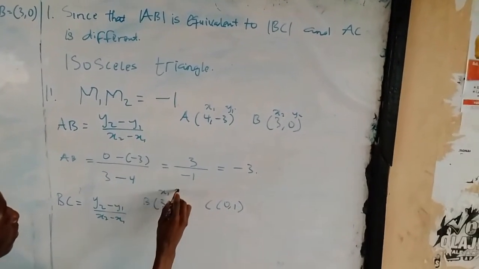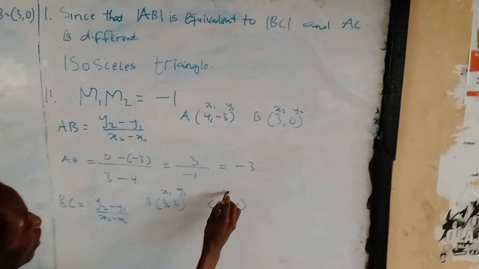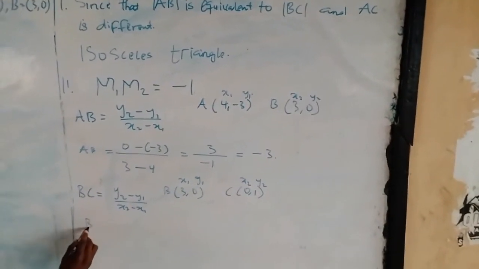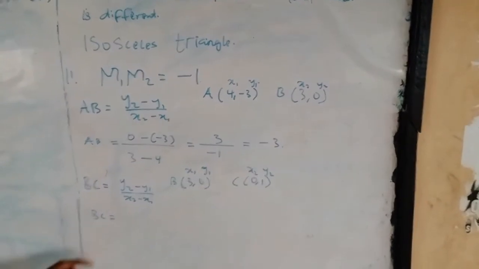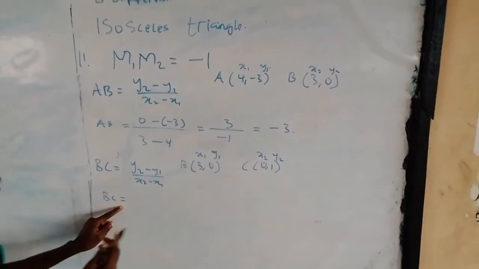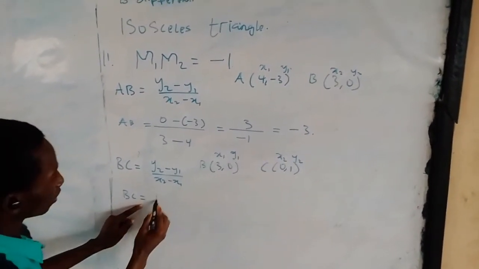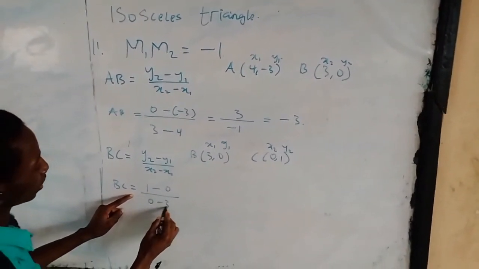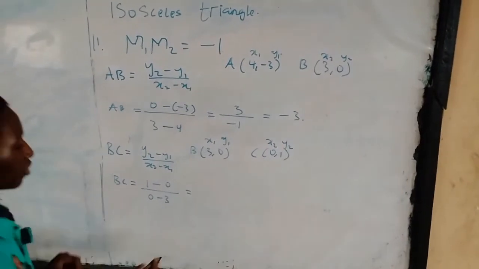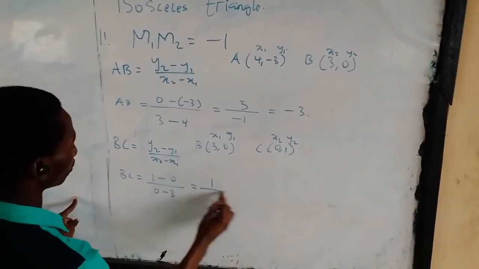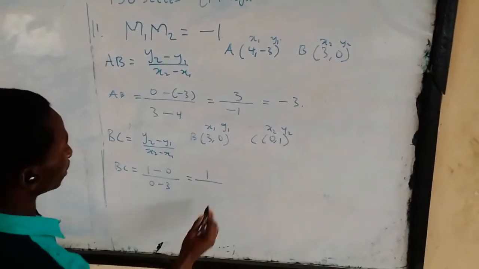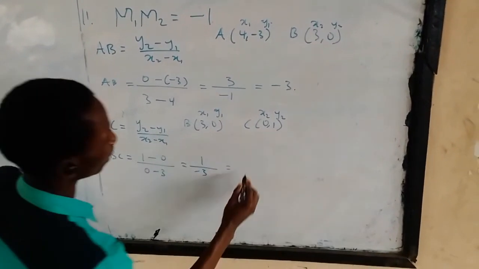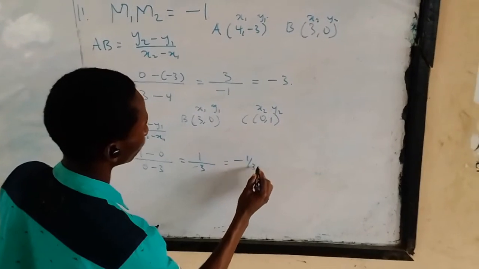So the gradient of BC is 1 minus 0 all over 0 minus 3. 1 minus 0 is 1, 0 minus 3 is minus 3. So 1 divided by minus 3 gives minus 1 all over 3.